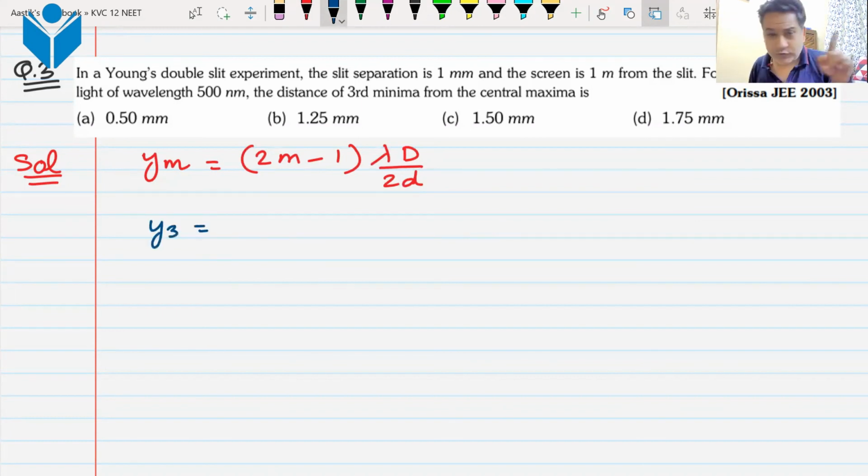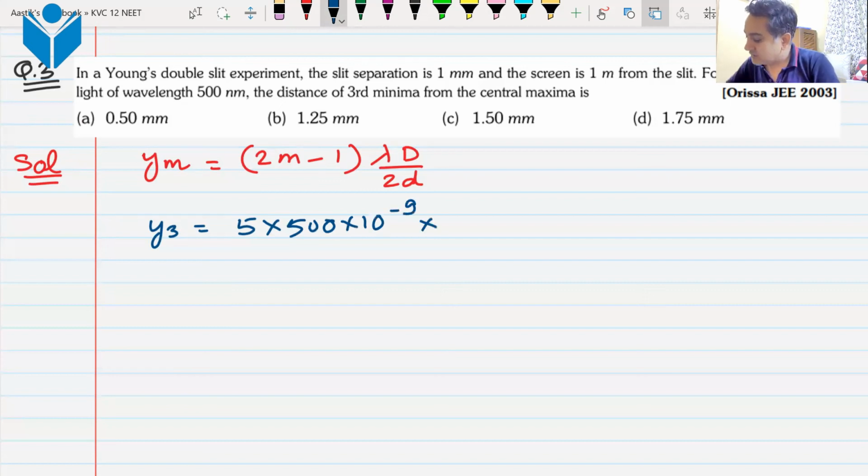Third minima is 2 into 3 is 6, 6 minus 1 is 5. 5 into lambda. Wavelength is 500 into 10 raised to the power minus 9, multiplied by distance D is 1 meter, divided by the slit width, 1 millimeter, 1 into 10 raised to the power minus 3.